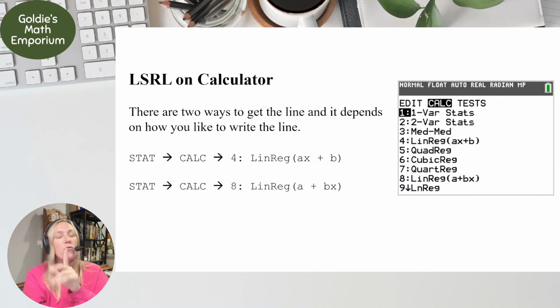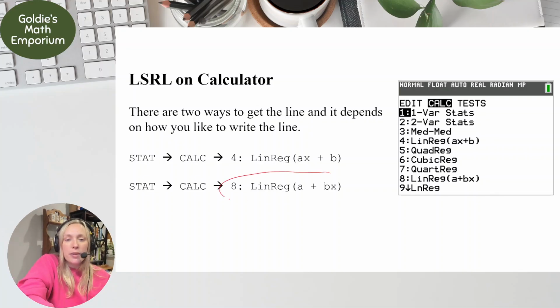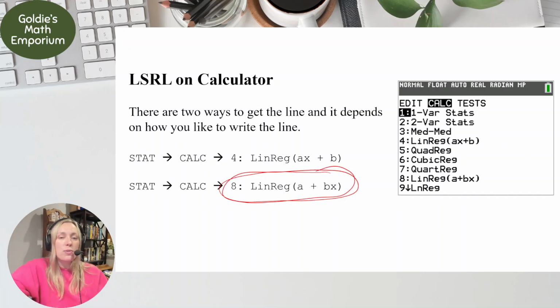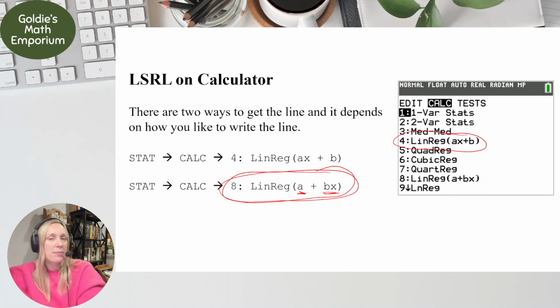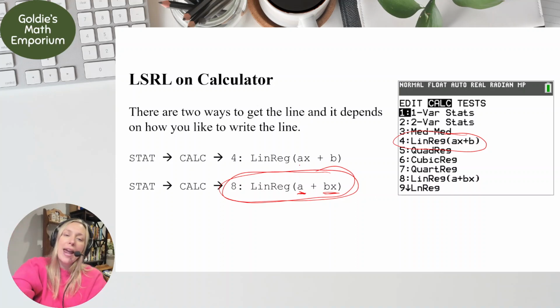Okay, before I talk about the coefficient of determination, one last note about the least squares regression line on your calculator. We used number 8 here because that was the form the AP exam generally uses, which has the y-intercept first plus the slope times x. If you've noticed number 4 too, it has it in the y equals mx plus b form, where a represents the slope and b is the y-intercept.